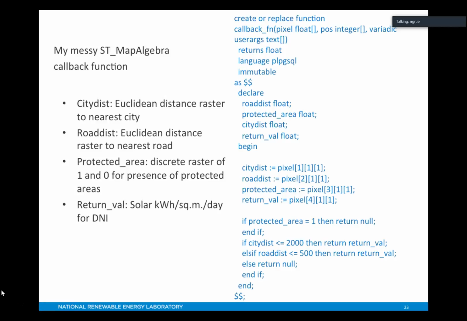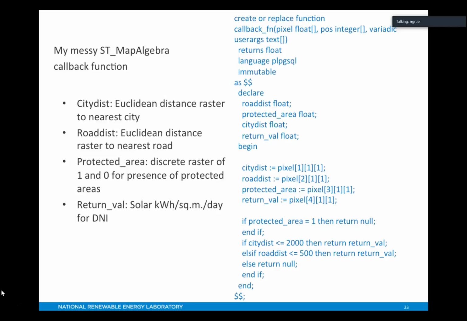And so the logic happens down here at the bottom. And you can see that if you were looking at a particular pixel, if the protected area raster was a 1, then you know that you can't build there no matter what. And so you can just return null. But if it's a 0, then you move on to the next possible exclusion. So you have city distance and road distance.